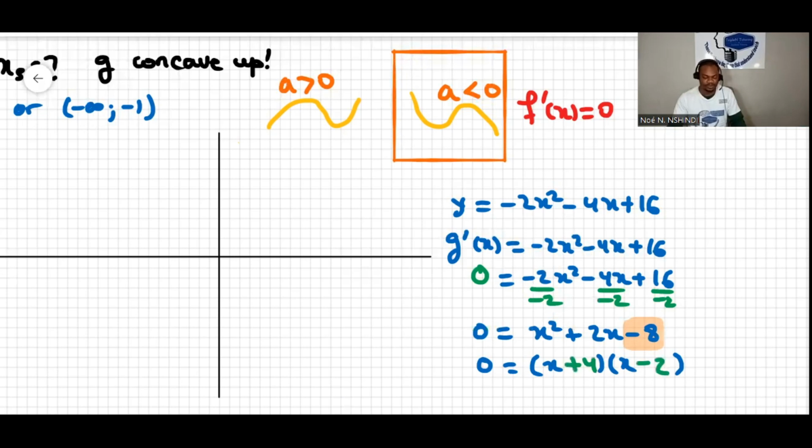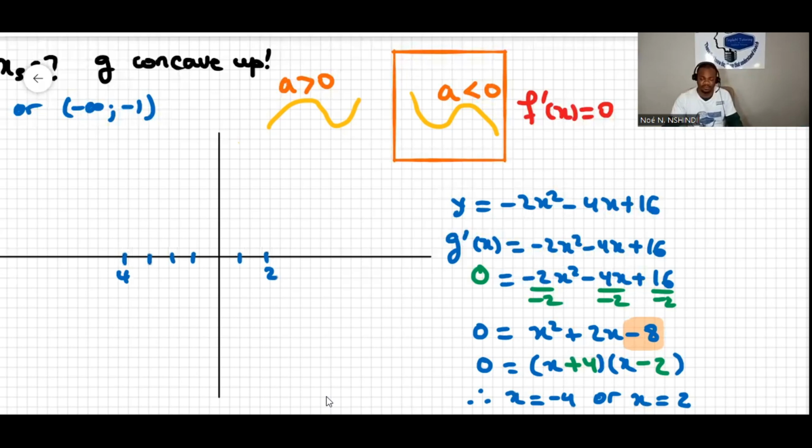Therefore, x must be -4 or x must be equal to 2. So those are the values of x that determine the turning points. My turning points must be somewhere here: 1, 2, 3, 4, and then 1, 2. So it's somewhere here at -4 and also at 2.